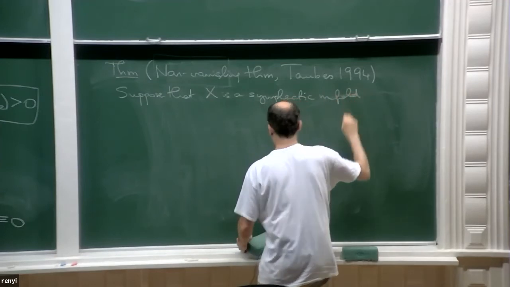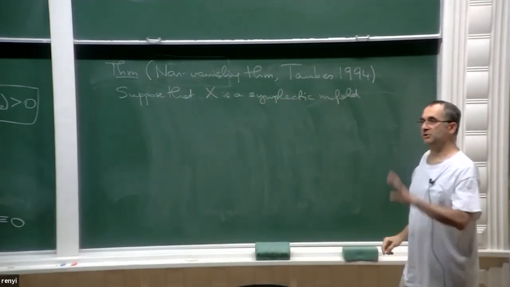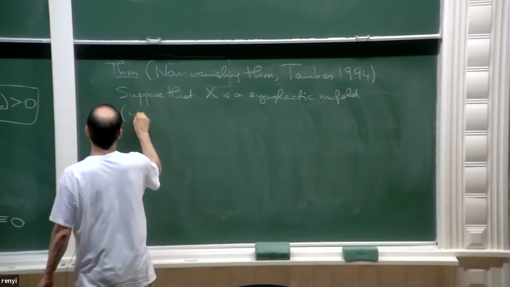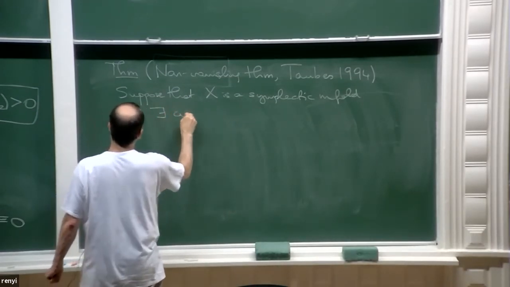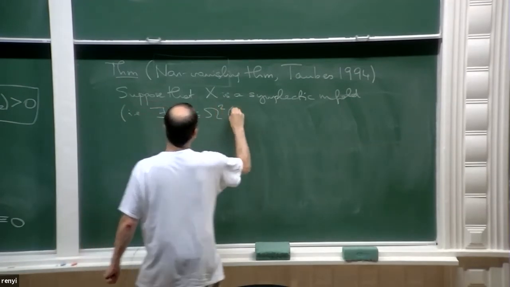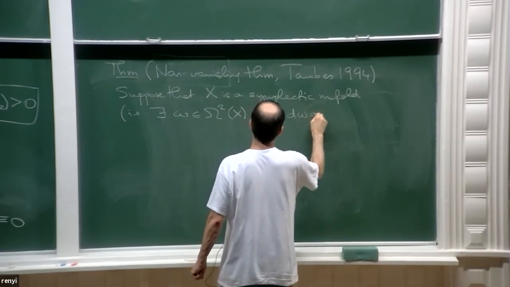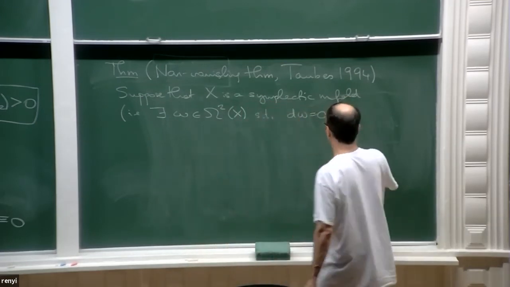This concept appeared yesterday in the research talk, but let me just very quickly remind you what it is, i.e., there is a 2-form on X such that this 2-form is closed and non-degenerate.